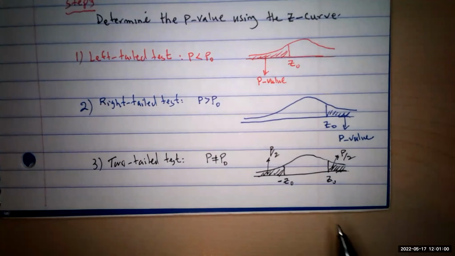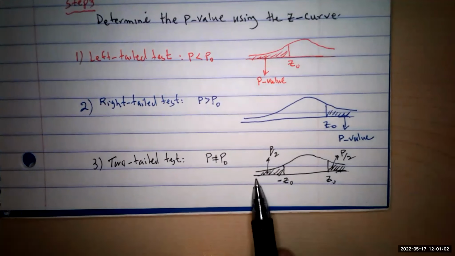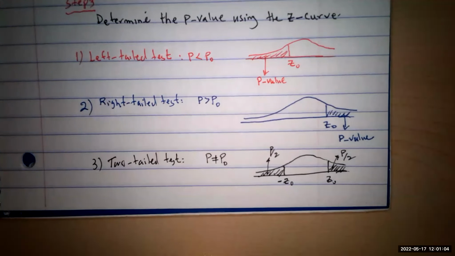And the one that we recommend is this one, because that's just the area to the left and you can easily find it. Okay, and then you multiply by 2 to get these numbers right away.